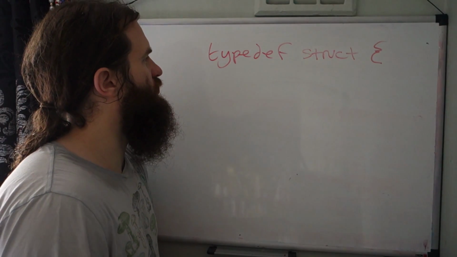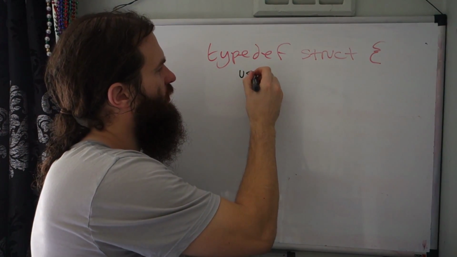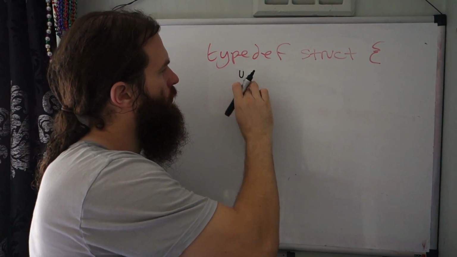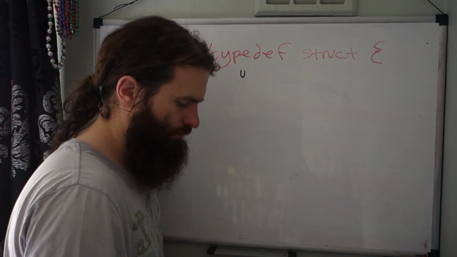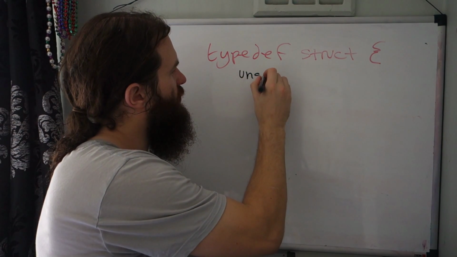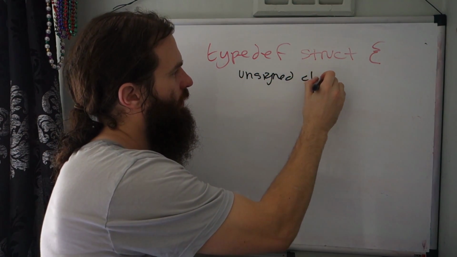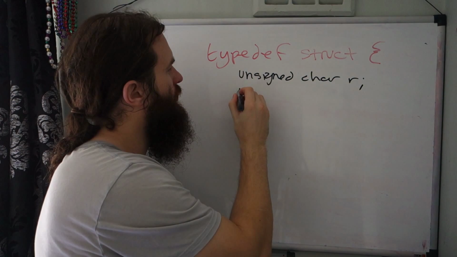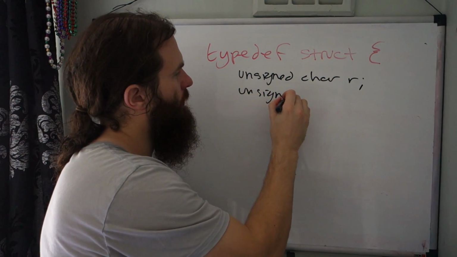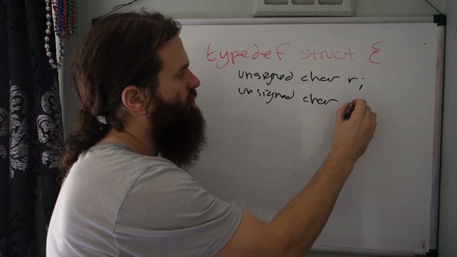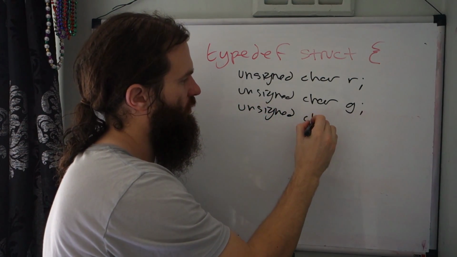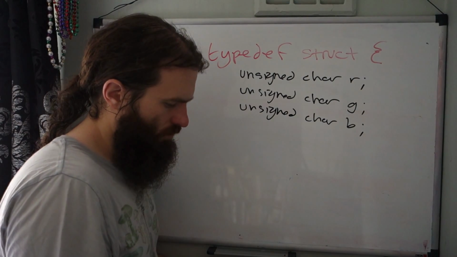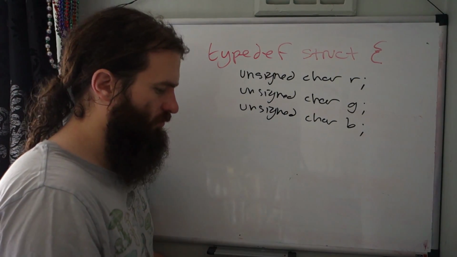So in here we have our struct: unsigned char R, unsigned char G, unsigned char B. So we do the same as we did before.